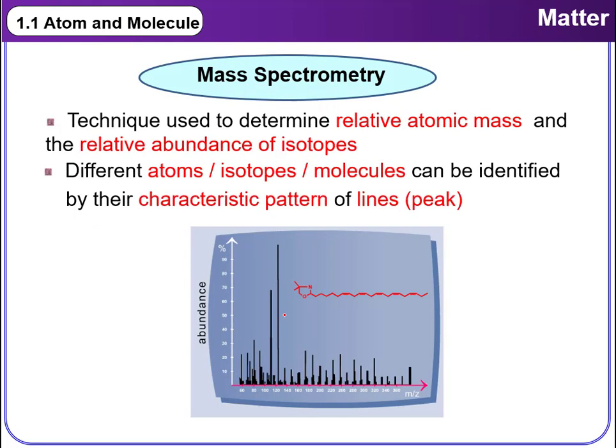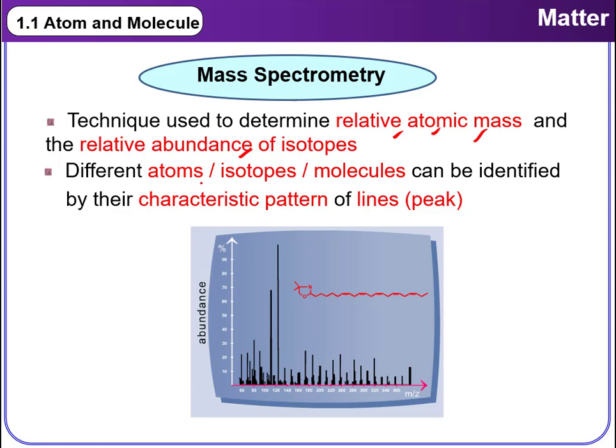So what is mass spectrometry? Mass spectrometry is a technique which we use to determine the relative atomic mass. Kita guna teknik mass spectrometry untuk tentukan relative atomic mass, berat setiap satu isotop, and also the relative abundance of each isotope. Berapa banyak dia melimpah.